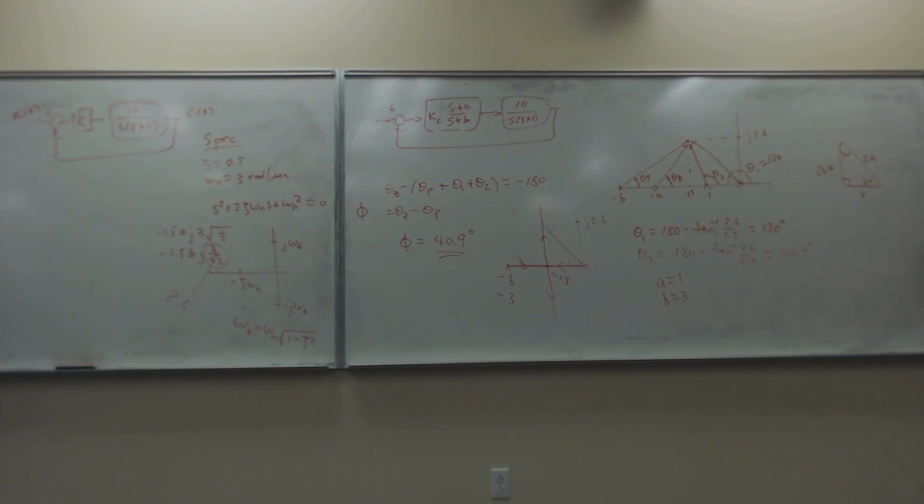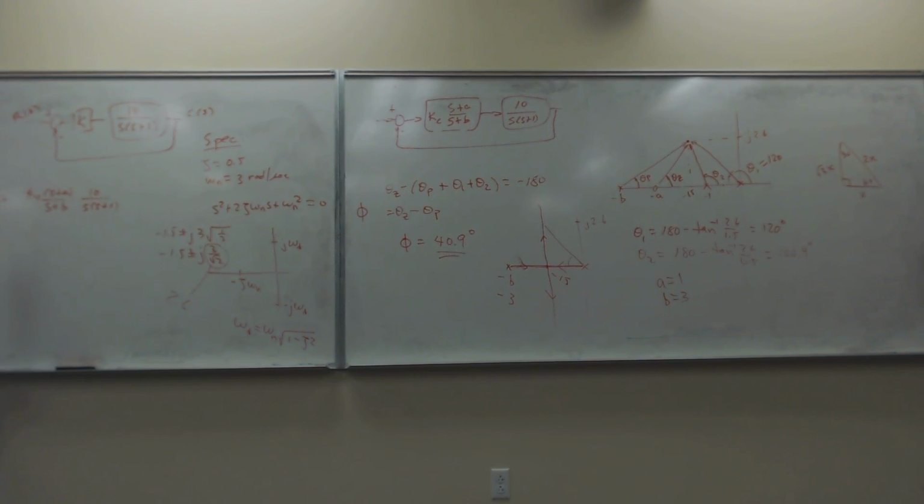So the magnitude condition, remember, you start out with a characteristic equation, which is 1 plus K sub C times (S plus A) over (S plus B) times 10 over (S plus 1).